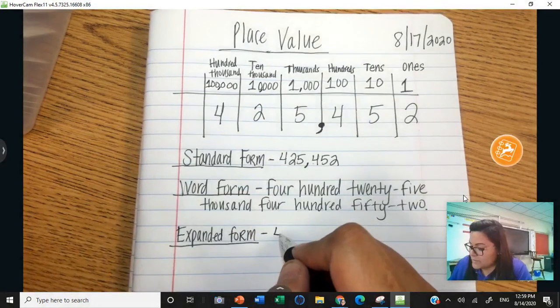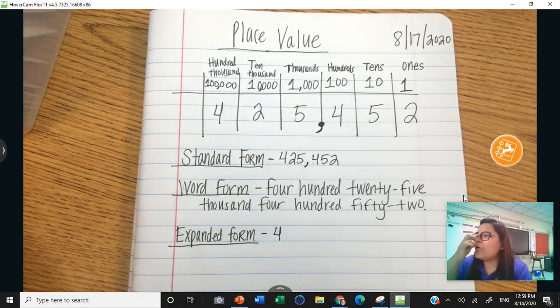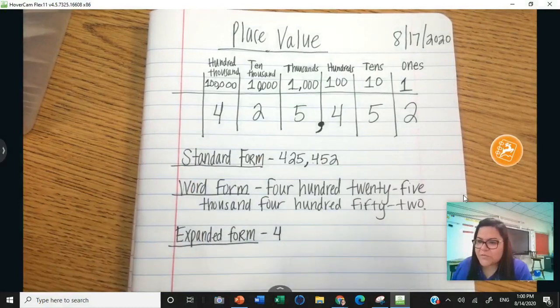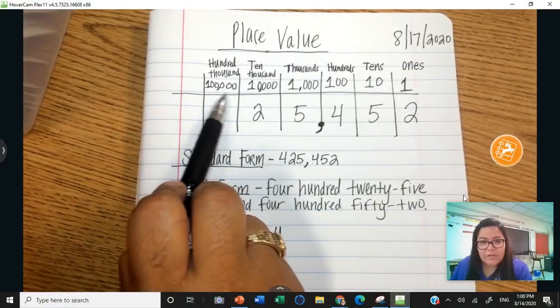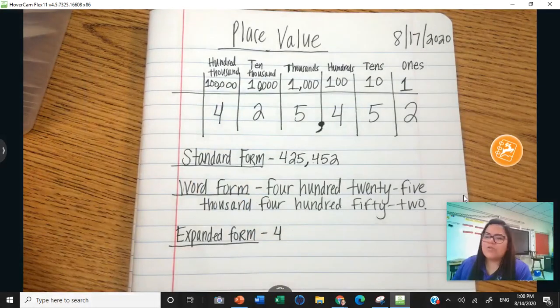So I'm going to start with my 4. Okay. And if I don't know how many zeros the 100,000s have, guess what? You have your place value right in front of you. Let's go count zeros. Here's my 100,000. 1, 2, 3, 4, 5. Oh, so 100,000s have 5 zeros?